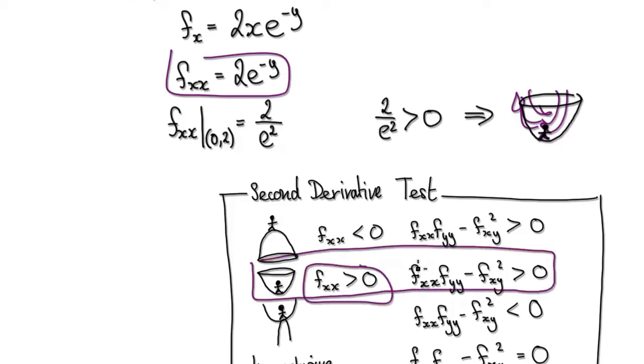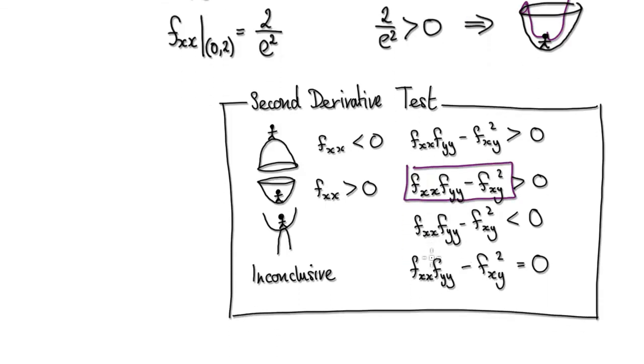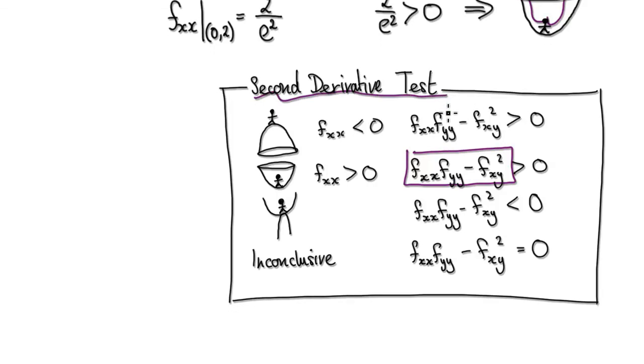We have to do an extra piece of the test in order to confirm that it is truly a local min. At the moment, we just suspect it's a local min. So we need to compute this value here. We need to perform the second part of the second derivative test. So I will continue in the next video.